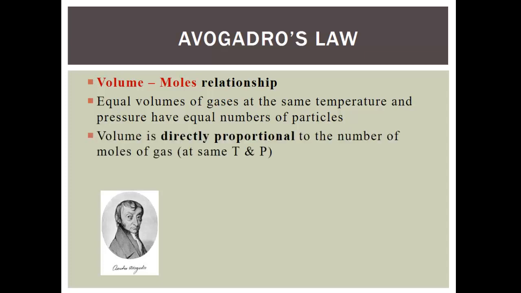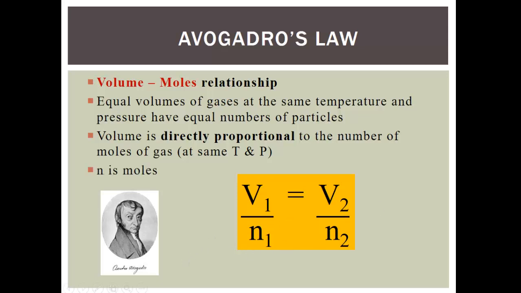So volume is directly proportional to the number of moles in a gas at the same temperature and pressure. When we did our mole conversion, we found that 1 mole was equal to 22.4 liters. So we can write an equation for this, where V is volume and N refers to the number of moles.